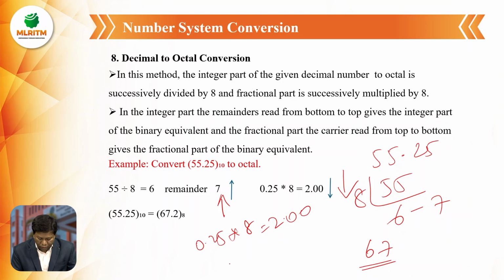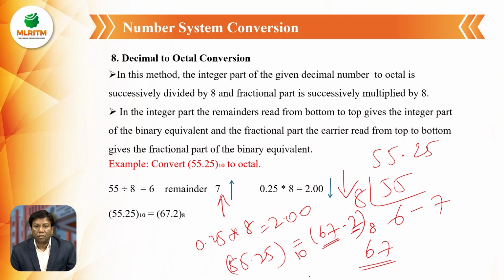Then the final result for 55.25 to the base 10 equals 67.2 to the base 8. 67 is the integer part and 0.2 is the fractional part. That is the final result for decimal to octal conversion.